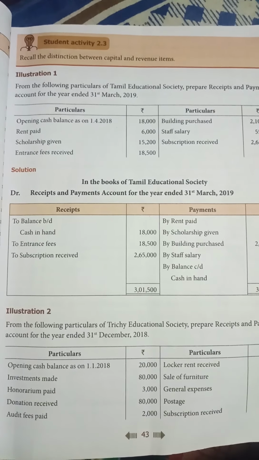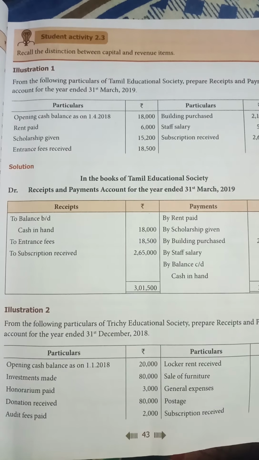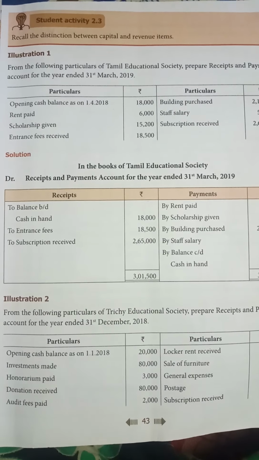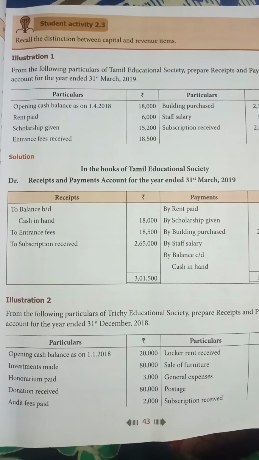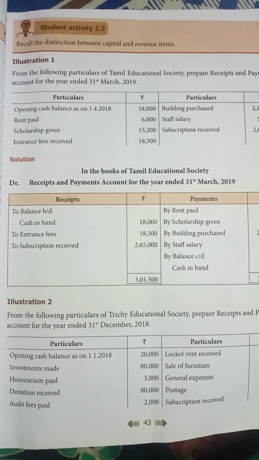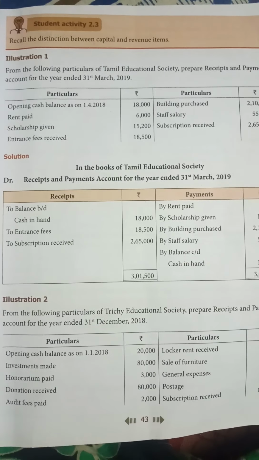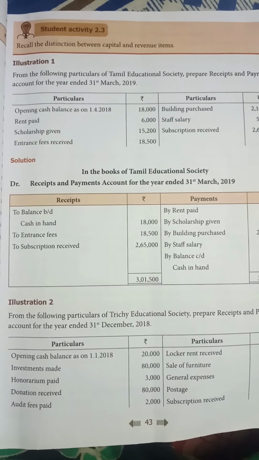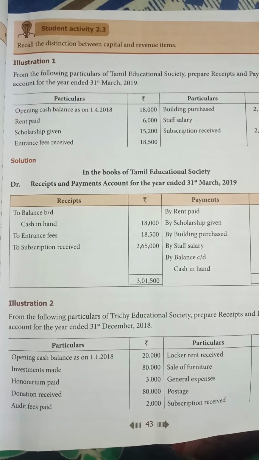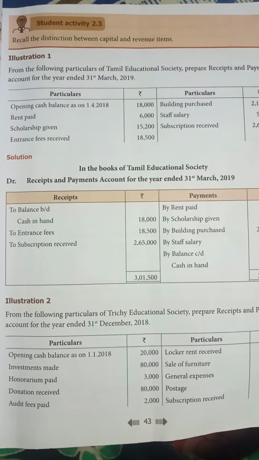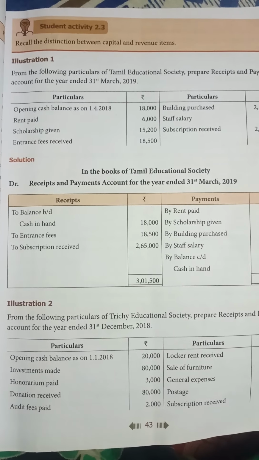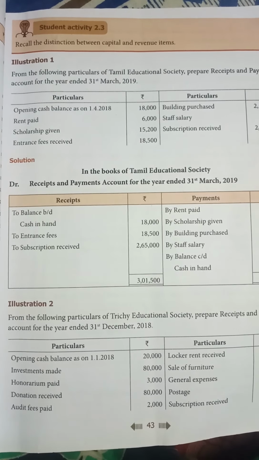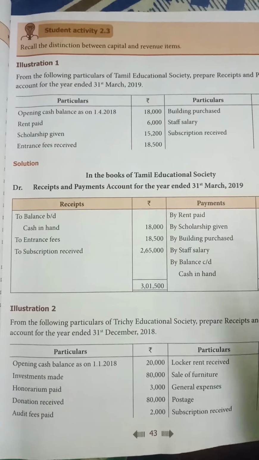Again, the next important factor in receipts and payments is that you will be entering only the cash receipts and cash payments for all the years, that is the previous year, current year, or the subsequent year. Any account that is given, we have to enter. We can enter all types of accounts in the receipts and payments account; we need not enter only the non-cash items.